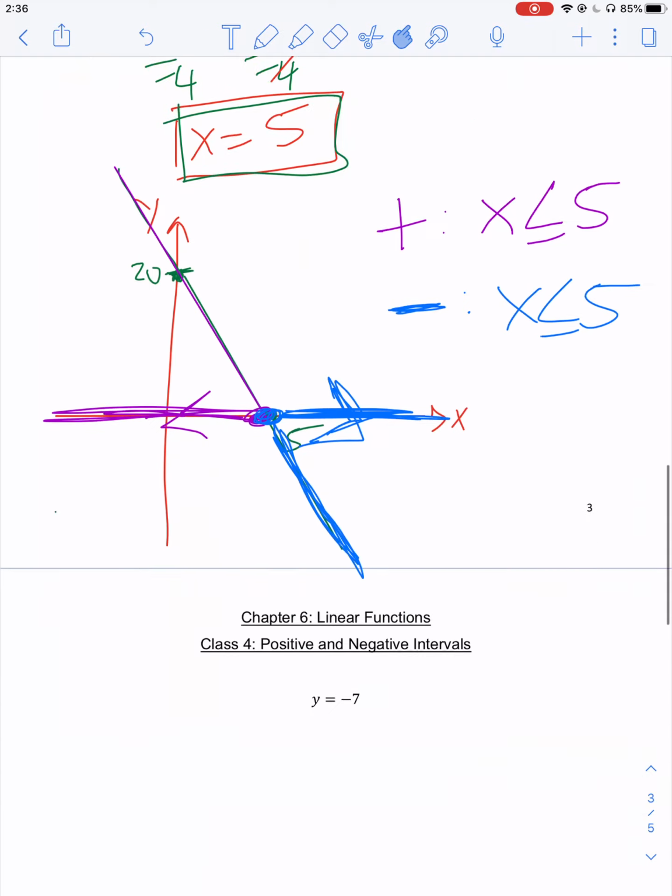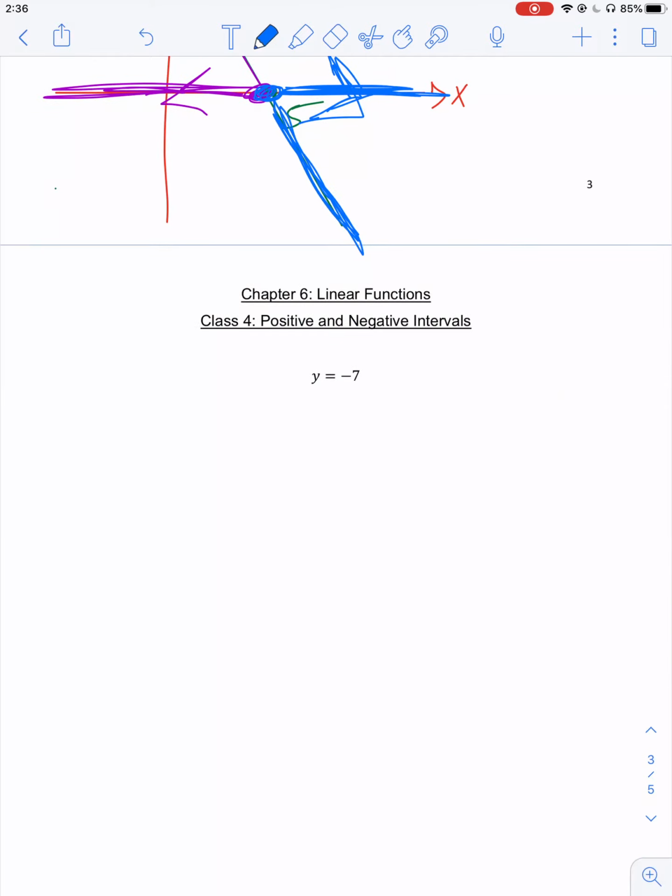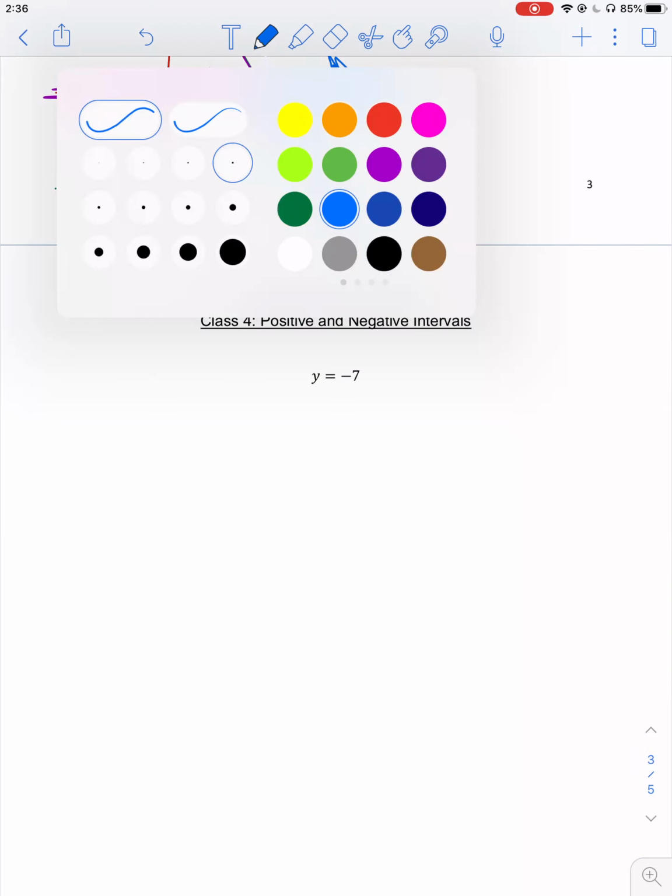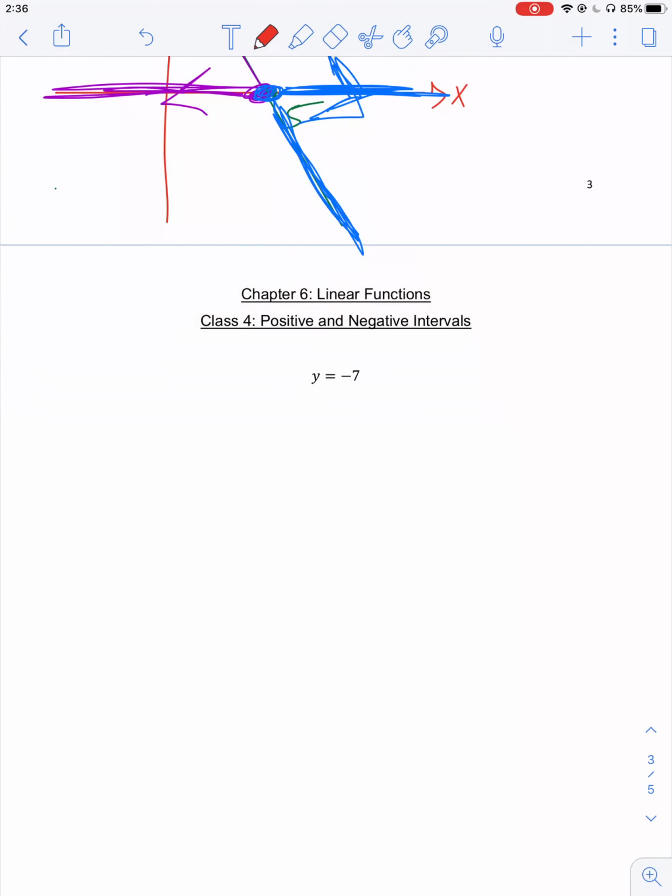So this is a tricky function. Let's compare this function to y equals mx plus b. It's actually the easiest linear function that you can work with. If you compare this to y equals mx plus b, let me write this a little nicer, mx plus b, you can see that your b value is equal to -7.